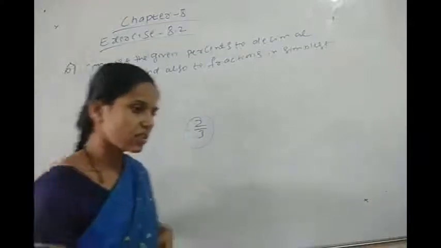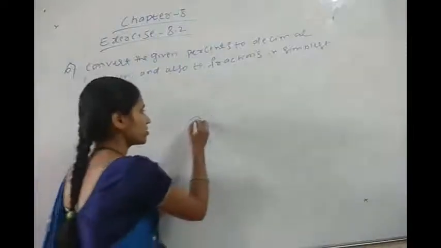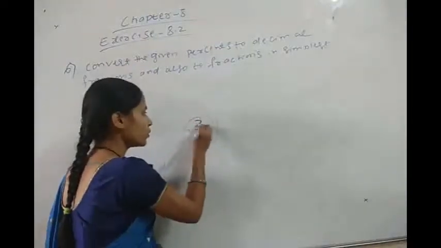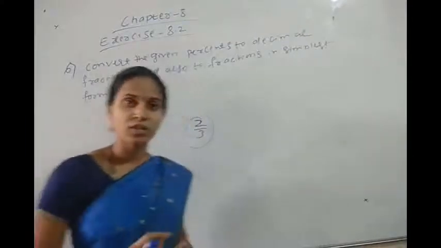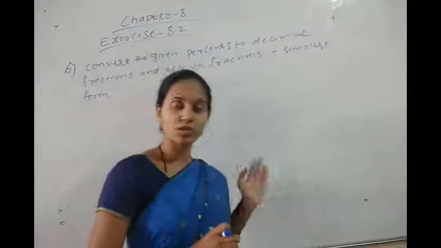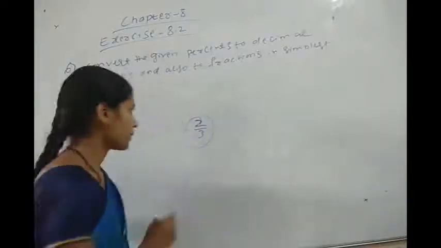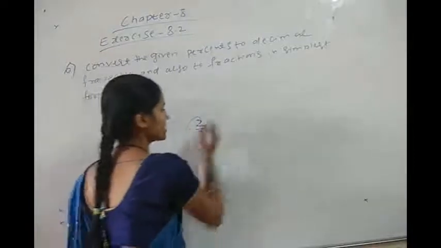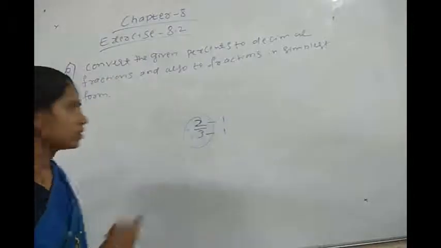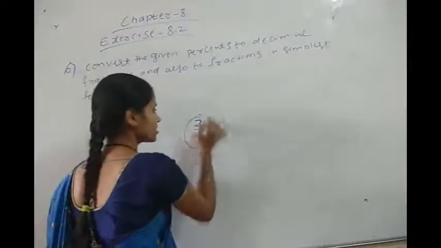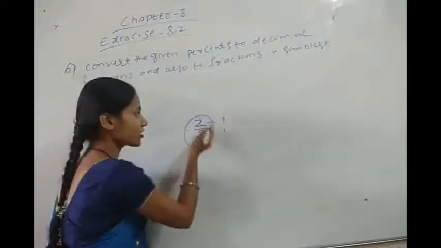A fraction in its simplest form is nothing but the fraction should contain only one as its factor. So except 1, nothing should be its factor. For the denominator and numerator also this rule applies. So you can see here 2 by 3. Here only 1 is the factor of 3. Now this is called the fraction in its simplest form.